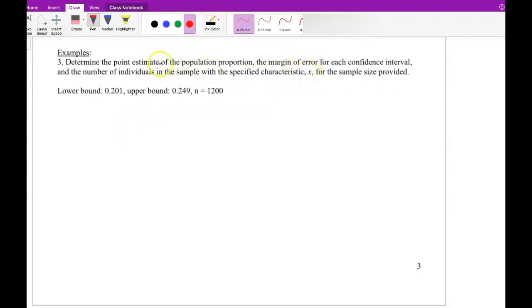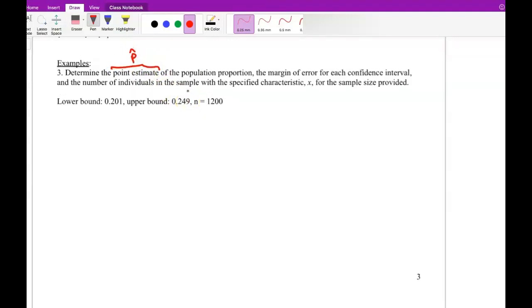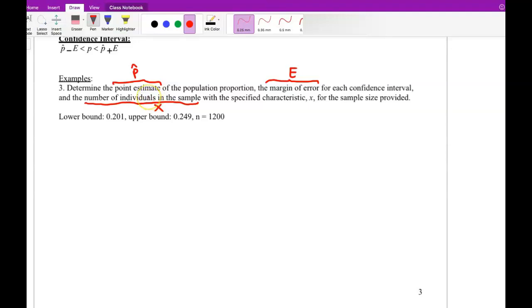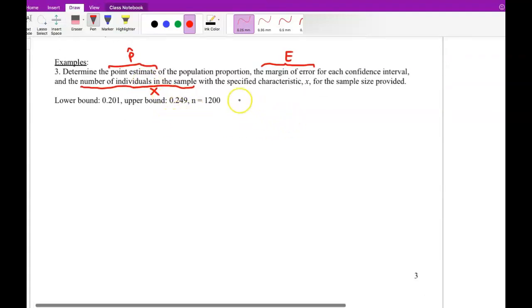So we should find point estimate, which is p hat, and margin of error, which is E, and number of individuals in the sample is X. Okay, so now finding all these for the sample size provided: lower bound is 0.201, upper bound is 0.249, and sample size is 1,200.